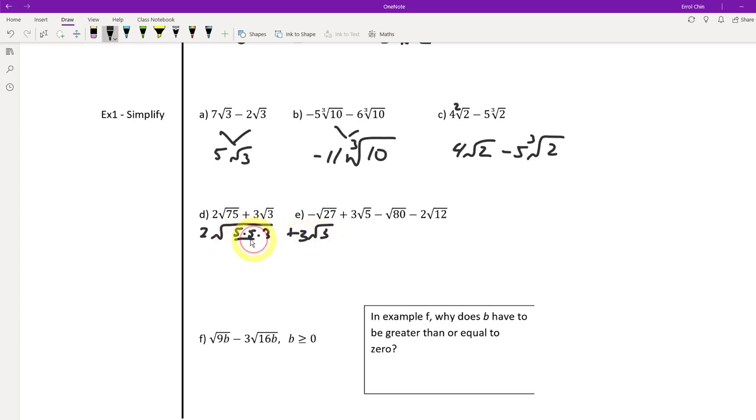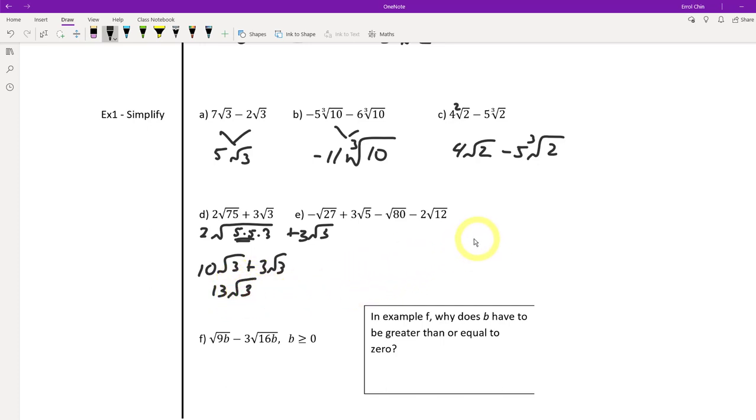Notice that we have a pair of identical numbers because our index is 2. We can bring that pair of 5's out as a coefficient, so that becomes 5 times 2 is 10, 10 square root 3 plus 3 square root 3. Now the radicals are exactly the same, and so we can add them. So this becomes the final answer of 13 square root 3.